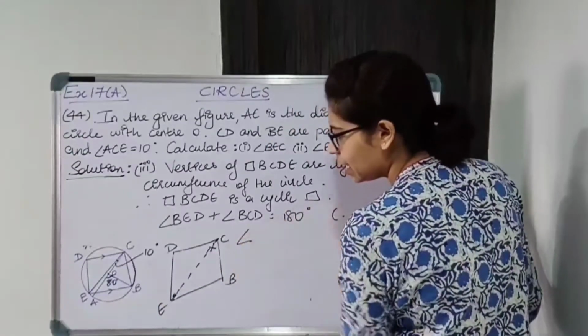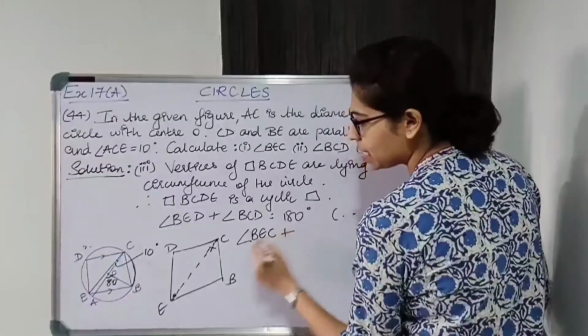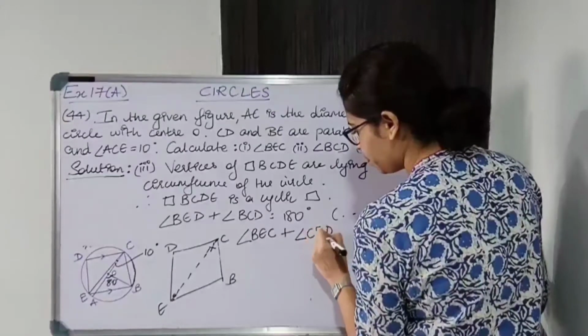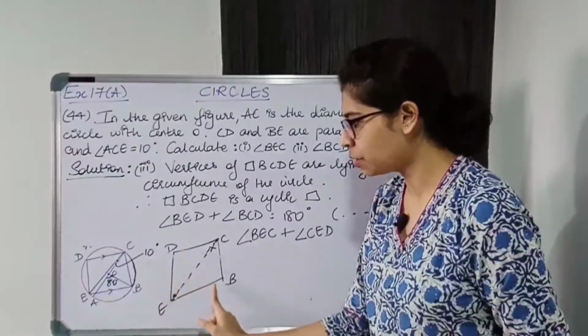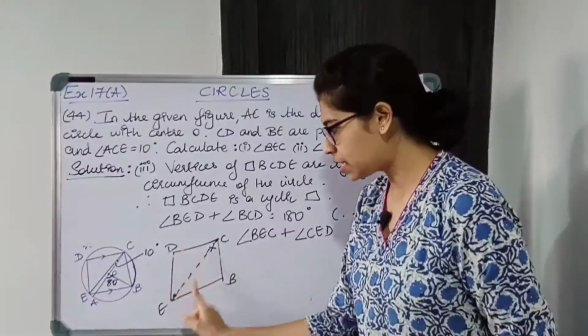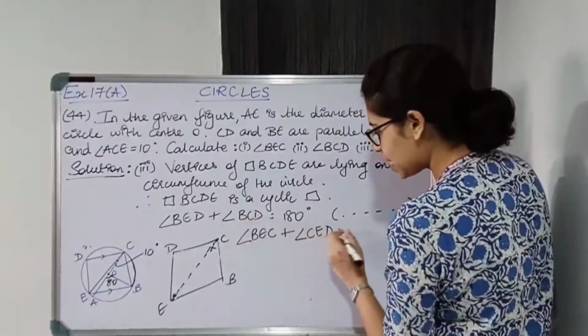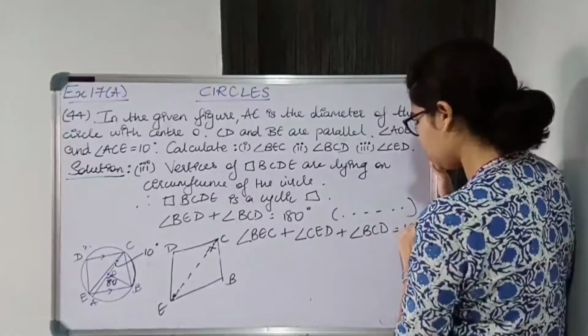So angle BEC plus angle CED. Okay, I just split this angle into these two angles. BED is nothing but BEC plus CED. ठीक है, and plus angle BCD is equal to 180 degrees.